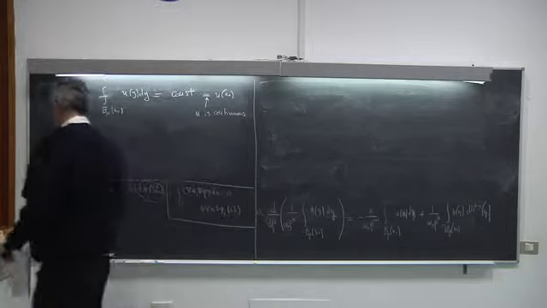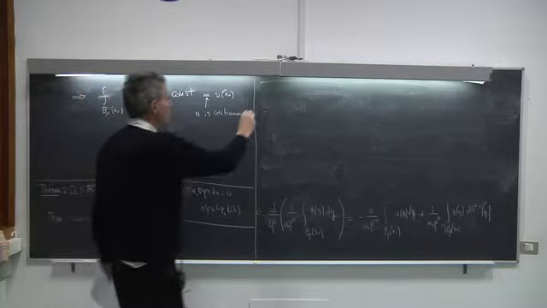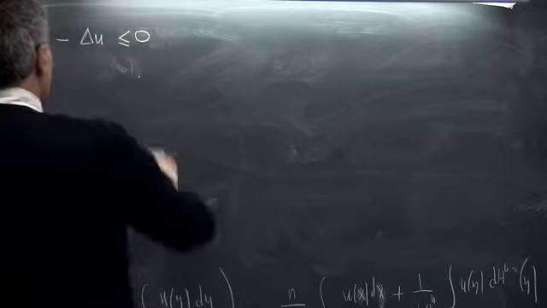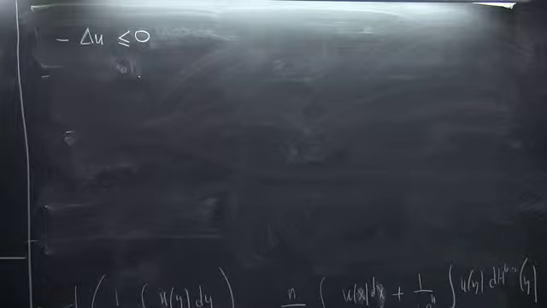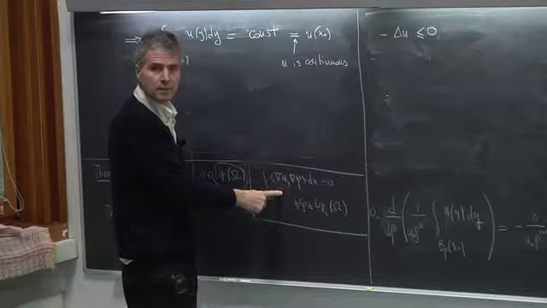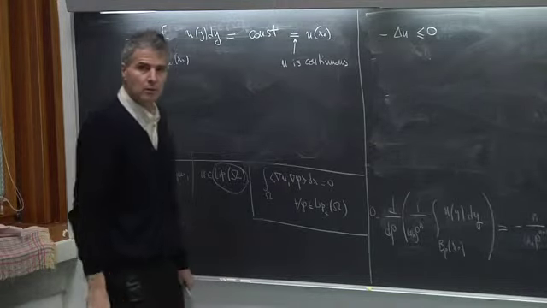You would like to have this as assumption, but you don't have it, because u is just Lipschitz and not C2. So you want to write this in a weak form. How can you write this in a weak form?